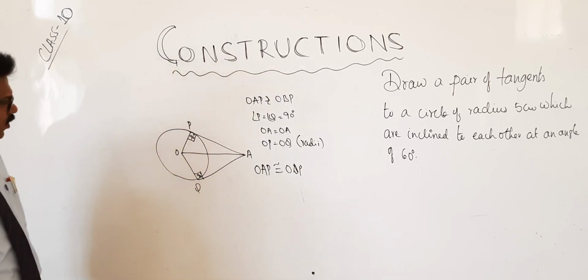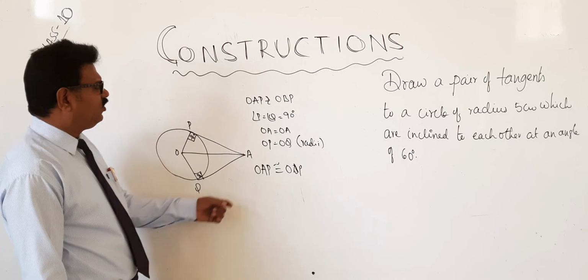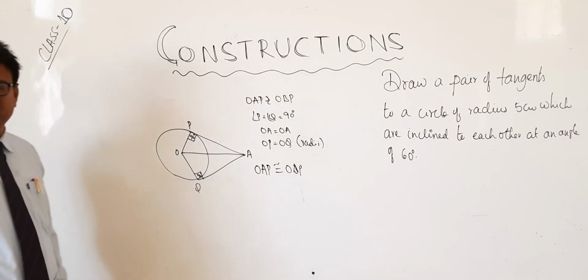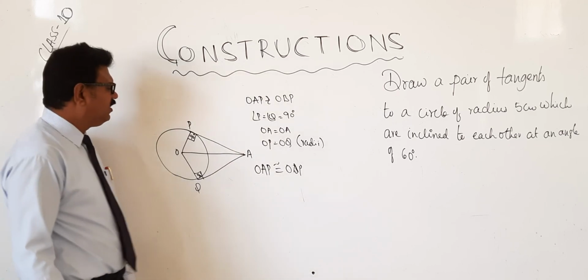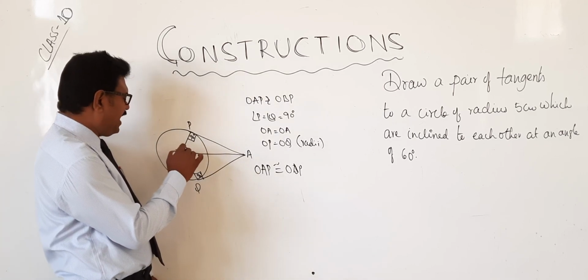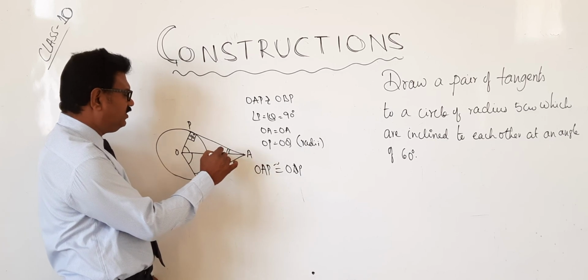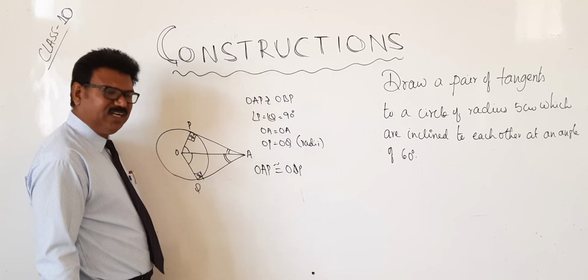Now when both are congruent, the corresponding sides as well as corresponding angles will be equal. So this angle will be equal to this angle and this angle will be equal to this angle. Did you understand?